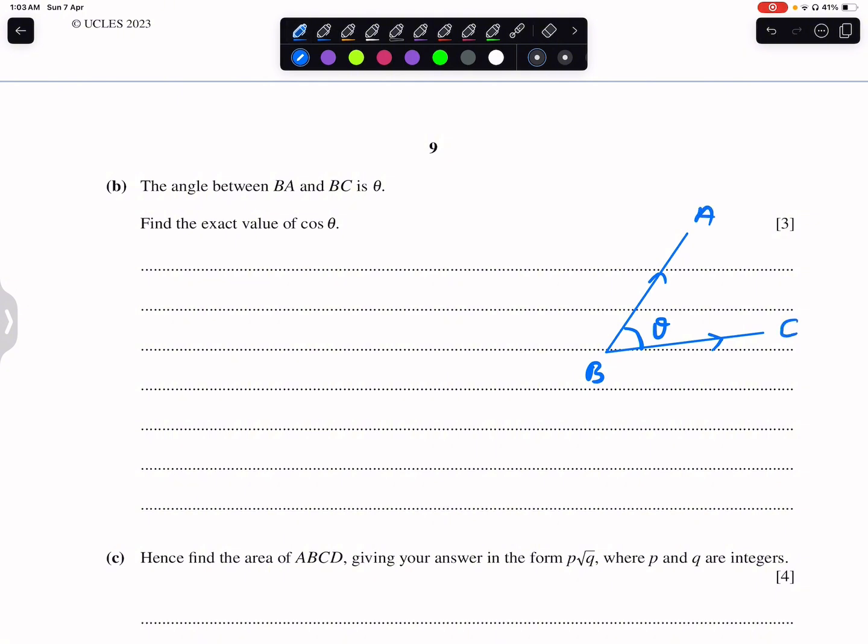Now call one point A and the other point C. Now we will find BA first of all, and we know that BA is simply OA, the position vector of the second minus the position vector of the first.